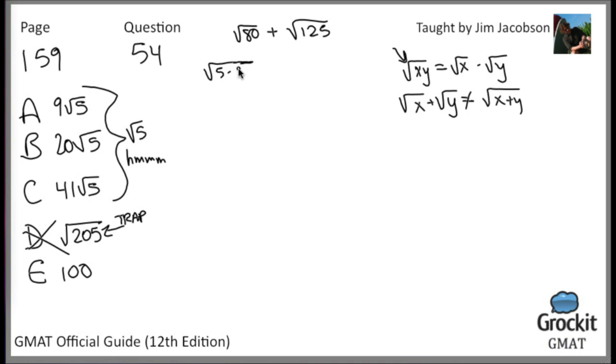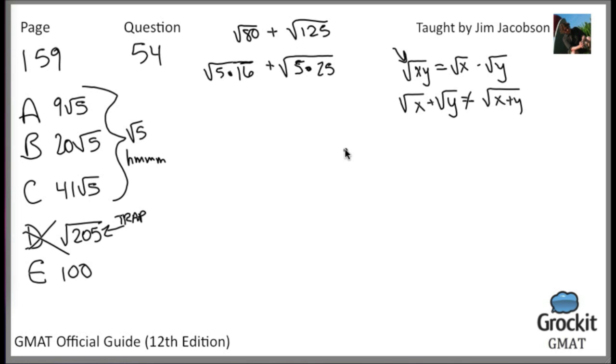In this case, it's actually 5 times 16. And here we have, this is the same thing as 5 times 25. Now, when you have a common base, you can redistribute them.